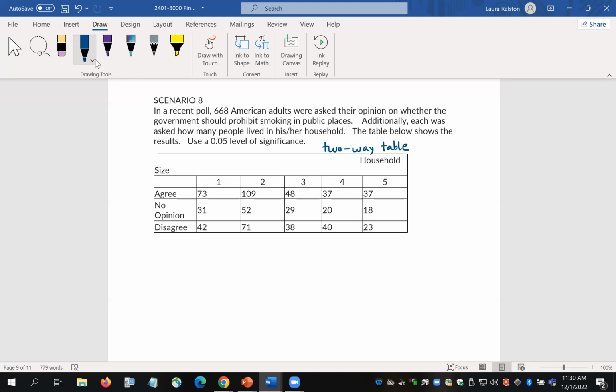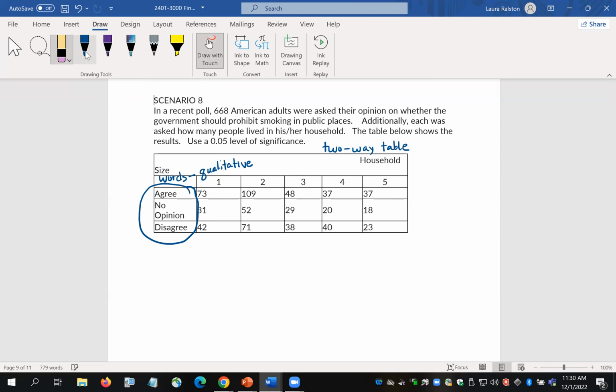Furthermore, if you look, the responses to whether the government should prohibit smoking or not are words, which is qualitative data. The only test that we talked about that uses qualitative data is chi-square.